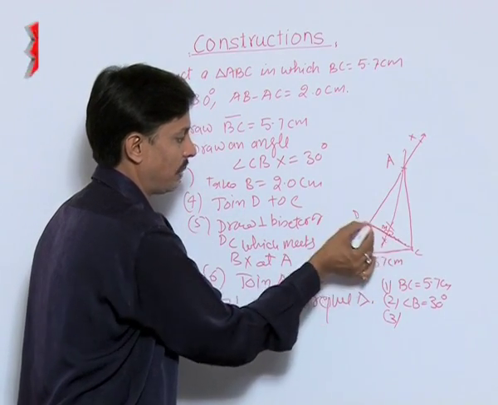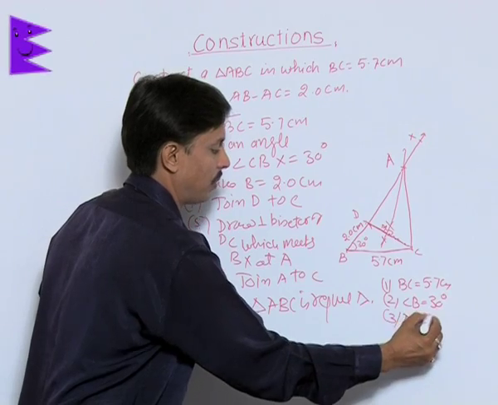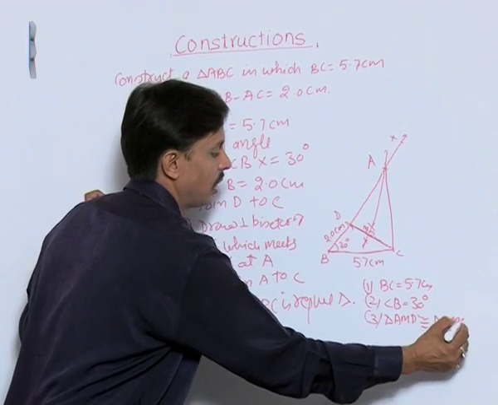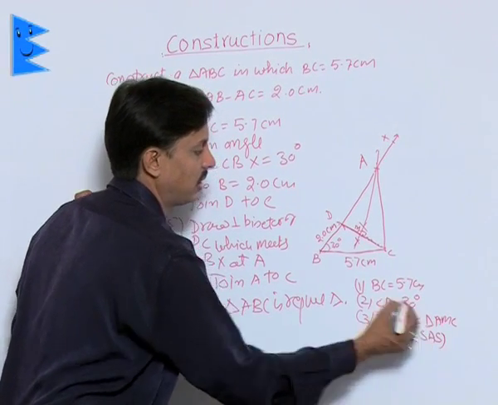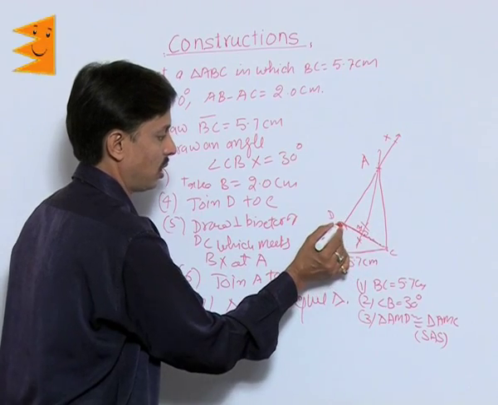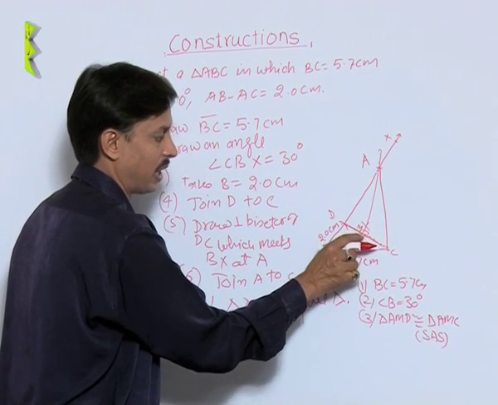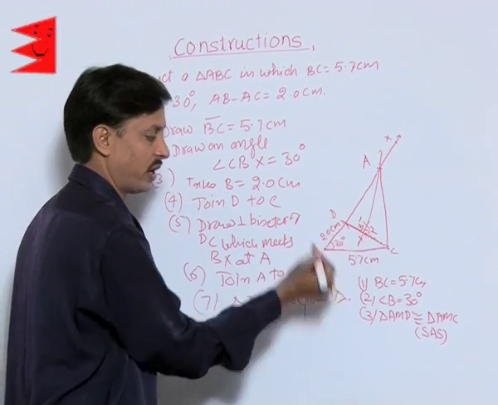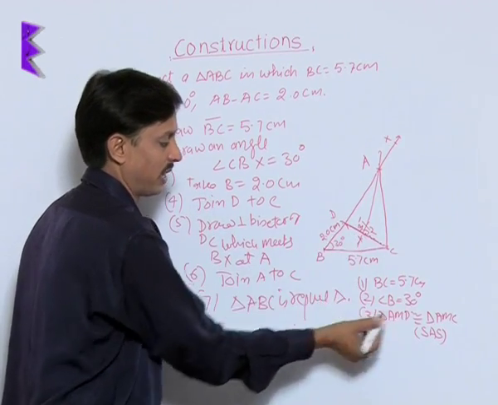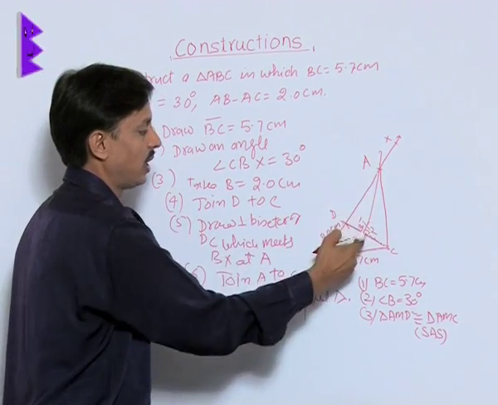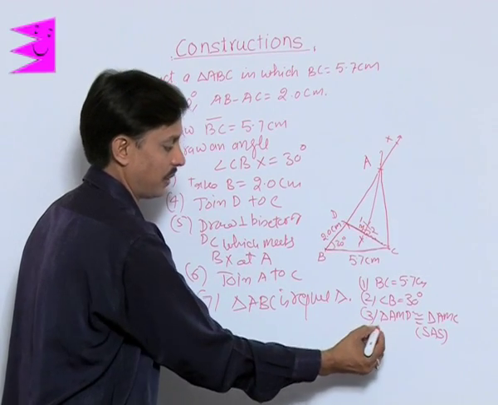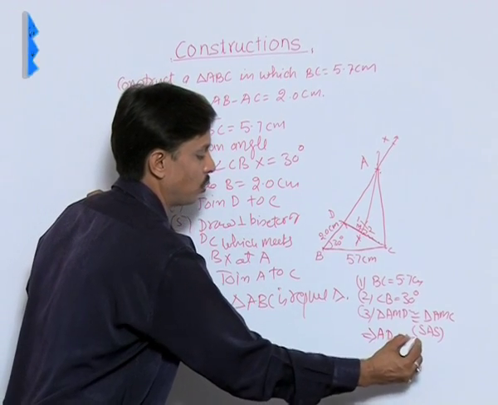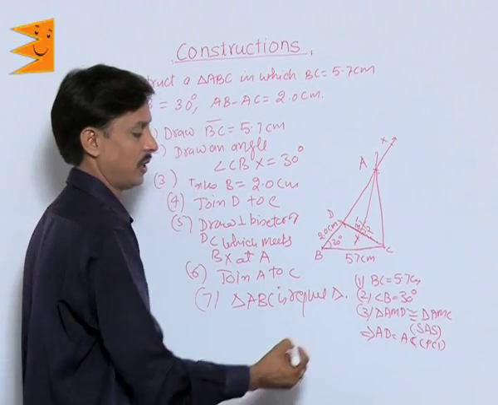Third, triangle AMD is congruent to triangle AMC by SAS condition: DM and CM are equal because the perpendicular bisector of DC makes M the midpoint, angles 1 and 2 are equal, 90 degree each, and AM is common. So SAS condition says triangle AMC is congruent to triangle AMD. This implies AD is equal to AC by CPCT.